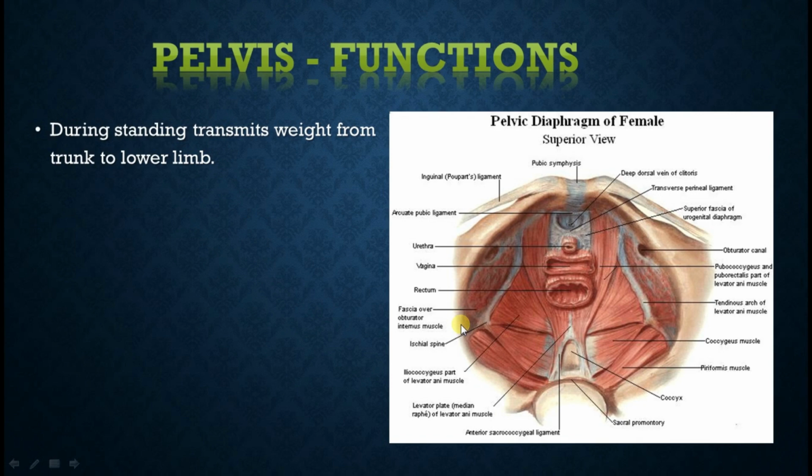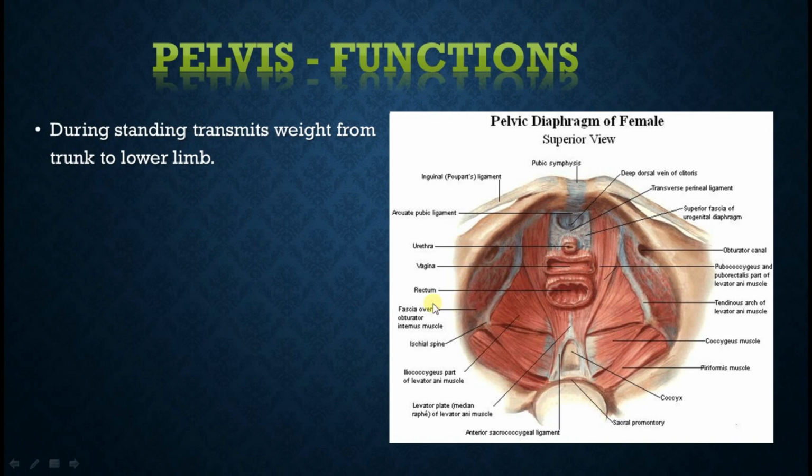From the sacrum, the weight is distributed to the inner sides of the hip bone, and from there it is transmitted to the femur or lower limb. So it is involved in weight transmission during standing.